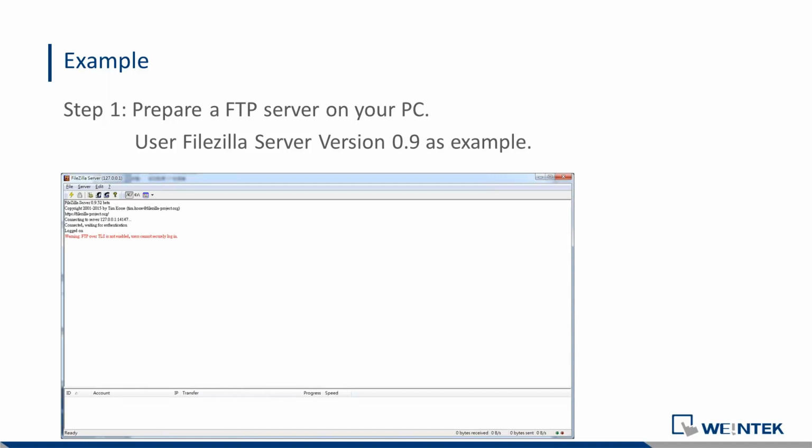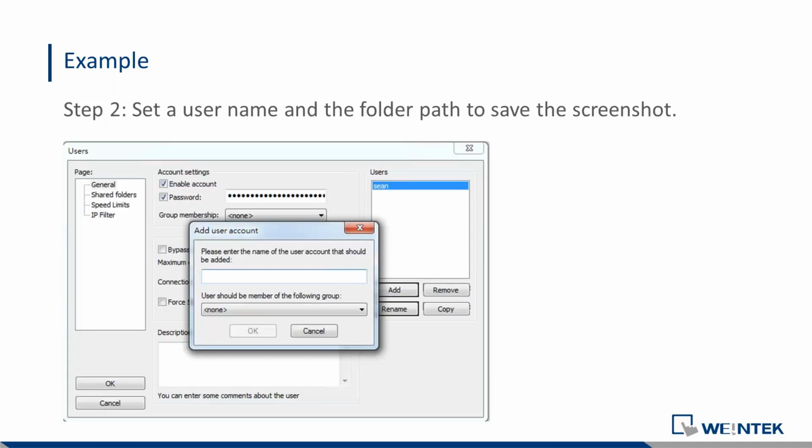In my example, I install FileZilla server version 0.9. You can download this software and install it on your PC. FileZilla server is a very common FTP server software. In FileZilla server, you create your own user account and define your own folder path.